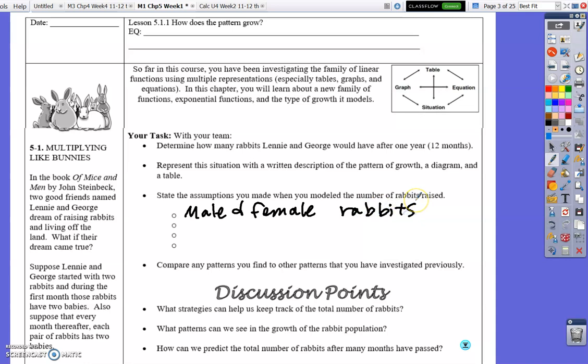Also, another assumption is that it doesn't matter, they are mating with their siblings. Maybe a little weird, but not so weird in the animal kingdom. Really weird for us, obviously.